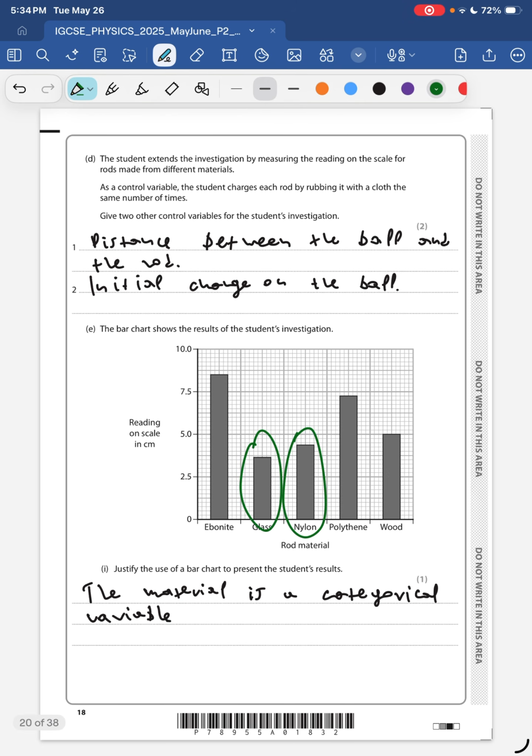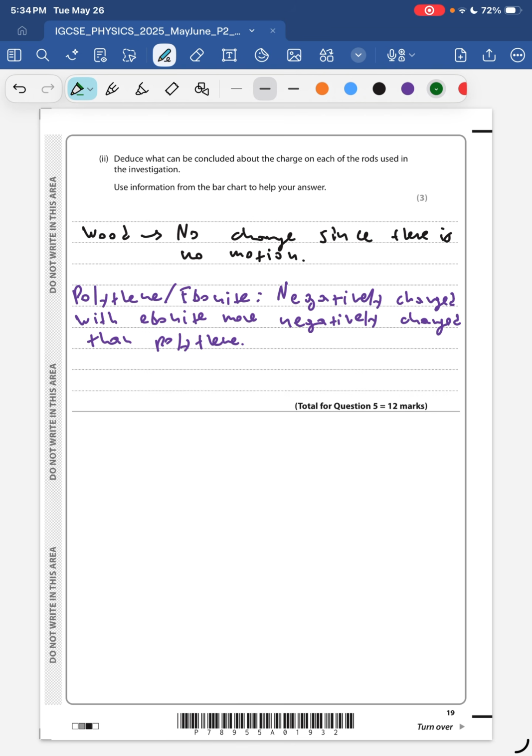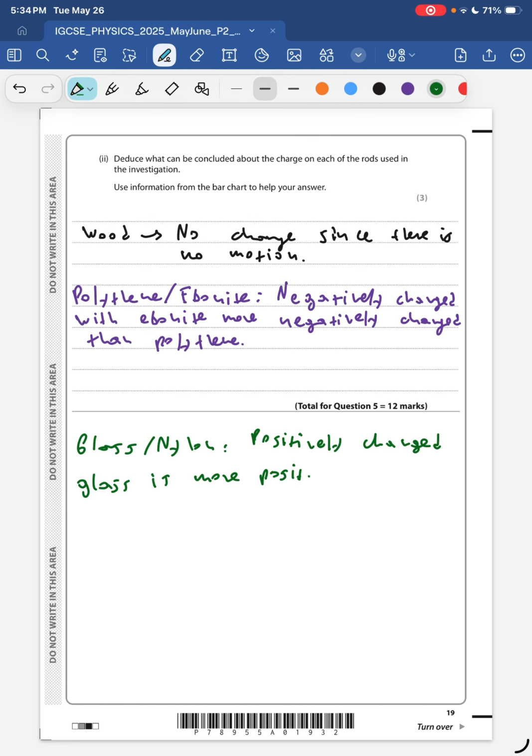Okay, so let's write this down. Glass and nylon, positively charged, and glass is more positively charged than nylon. Okay, this was question 5, which is now done. Let's move on to question number 6.